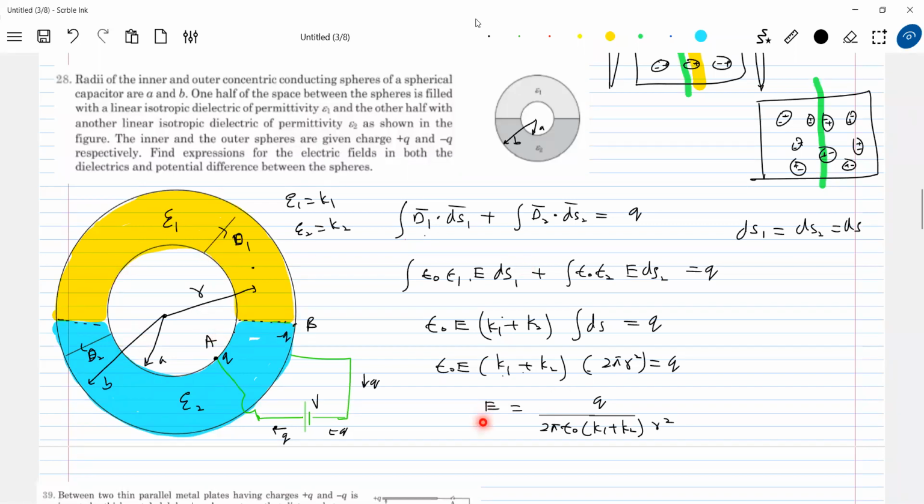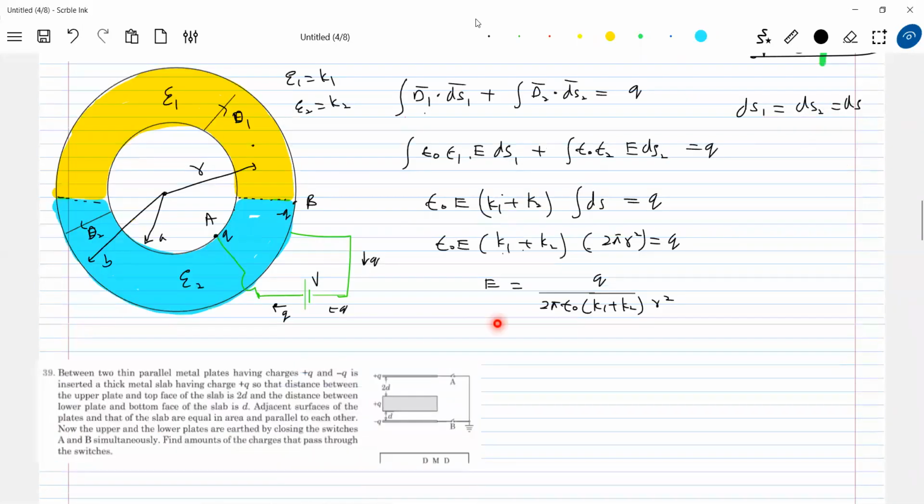So now once you know the electric field, we know how to calculate the capacitance. dV equals E into dr. Then integrating, we'll get the required capacitance. So I'll proceed now. Since in the NCERT book only the formula is given and discussed, that's why I'm just going for this one.